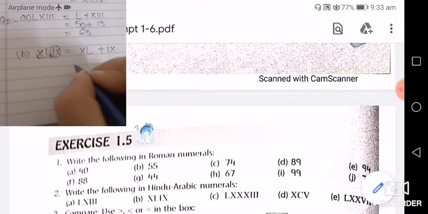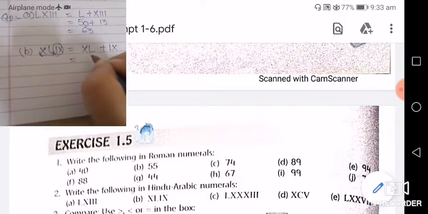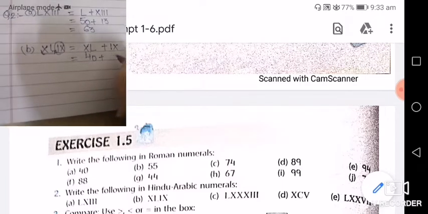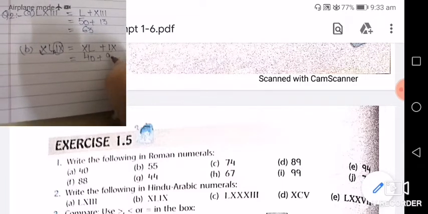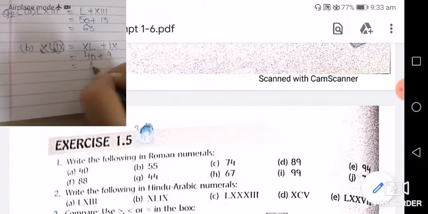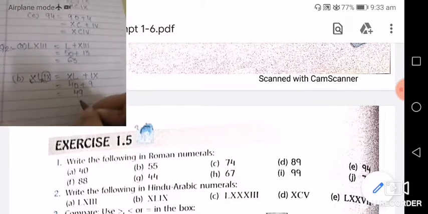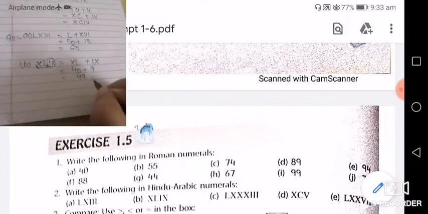That is XL. So here XL will become 50 minus 10, 40. And here 10 minus 1, 9. So what is the number? 49 in Hindu Arabic numeral. This is quite easy, only some practice is required.